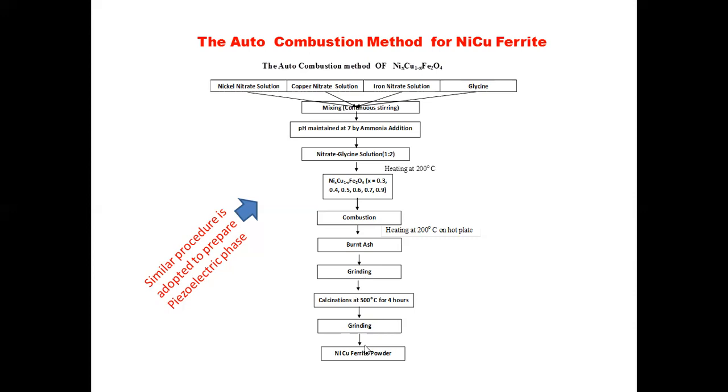So you are getting a nanoferrite here. The total time to get nickel copper nanoferrite could be 2 to 3 hours. In 2 to 3 hours, you can obtain the nano nickel copper ferrite powder.